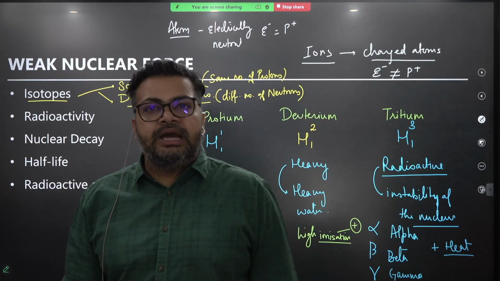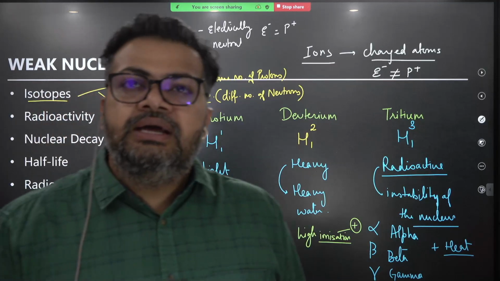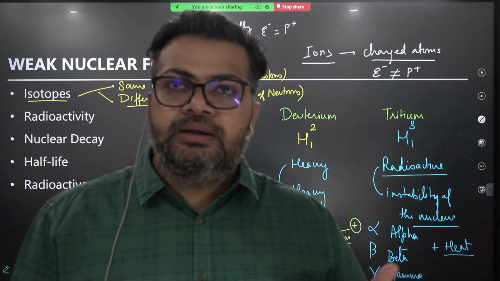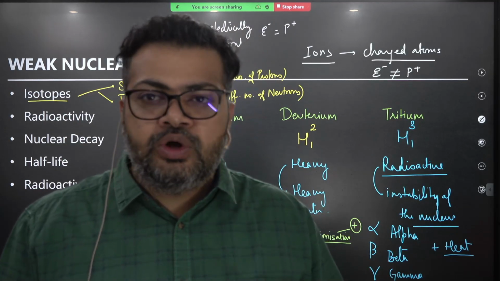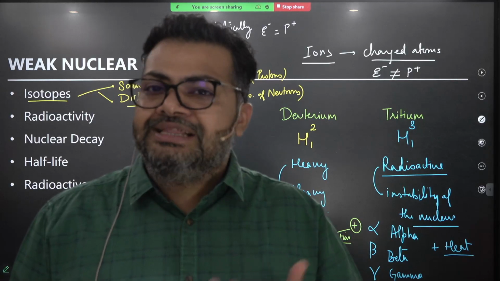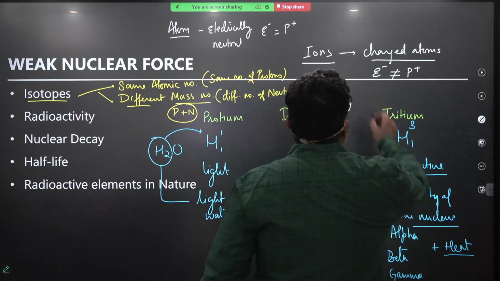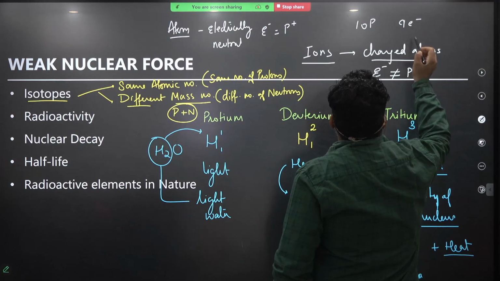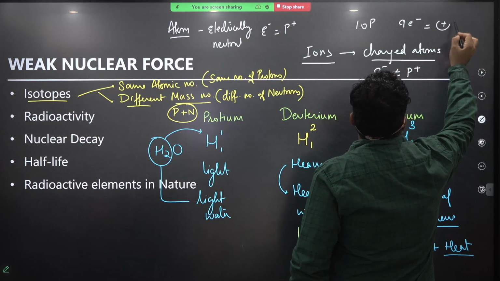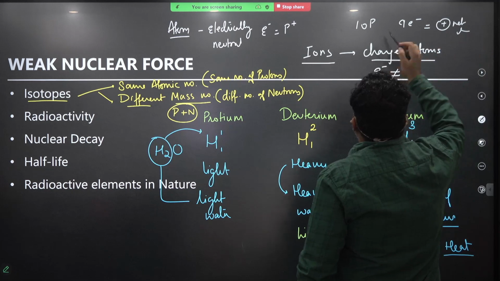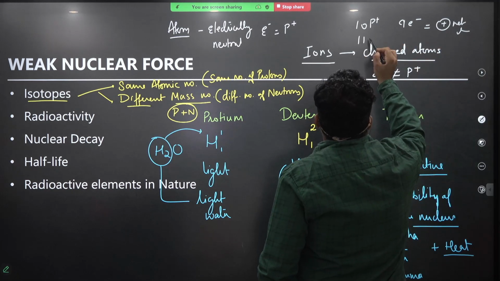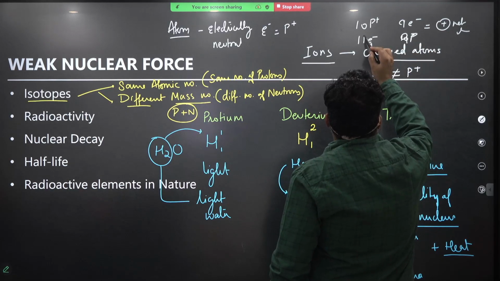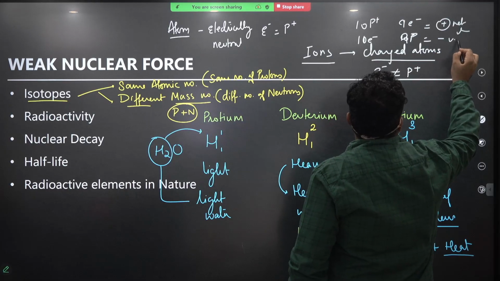There is some difference in the number of electrons and protons, and that gives a net charge. For example, if there are 10 protons and 9 electrons, the net charge is 1 positive. If there are 9 protons and 10 electrons, then there would be a net negative charge, right?